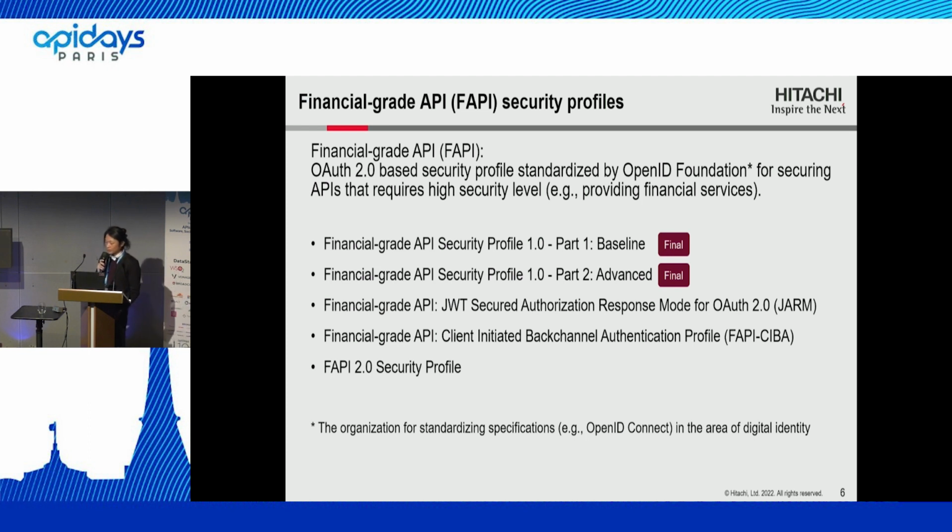These two security profiles have been finalized, while the other three FAPI security profiles are still in draft version. The FAPI 2.0 security profile is the next version of FAPI 1.0 baseline and advanced security profiles.